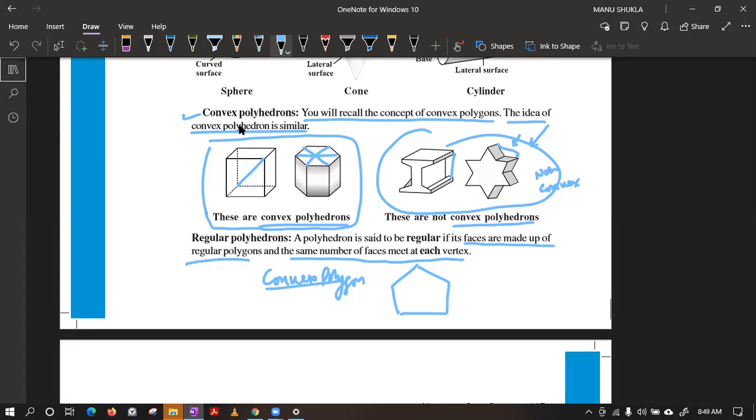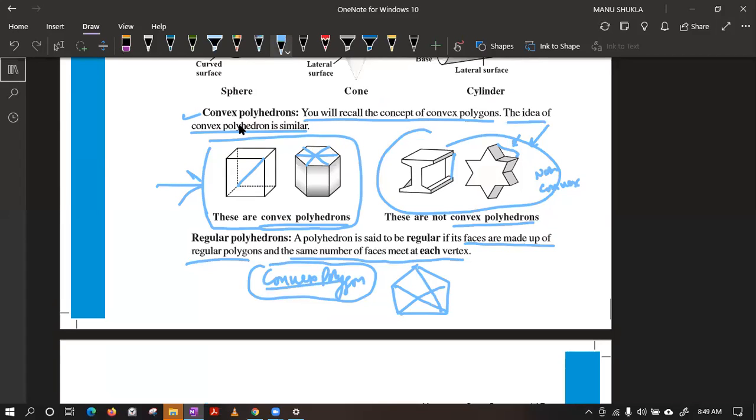If you remember, I told you in the last class we studied convex polygon and concave polygon. In a convex polygon, the diagonals are all inside. No diagonal is going outside. Similar is the case with convex polyhedron.